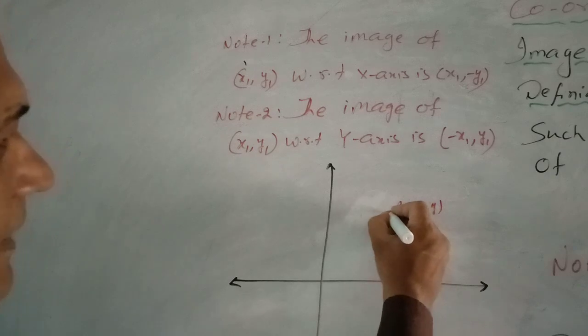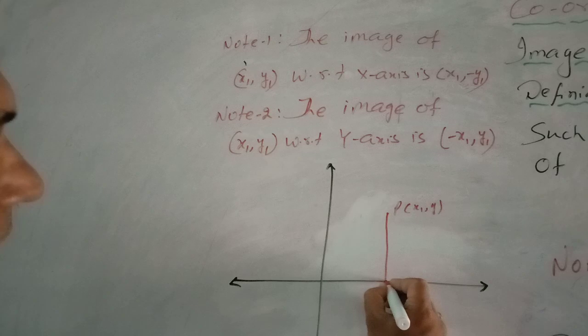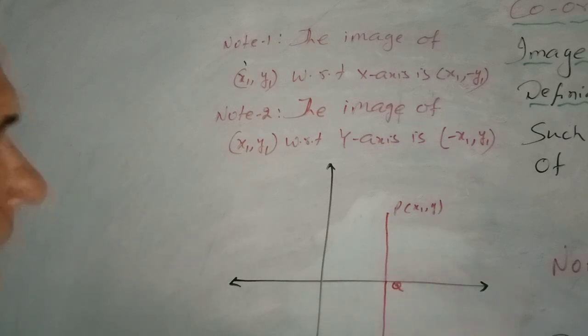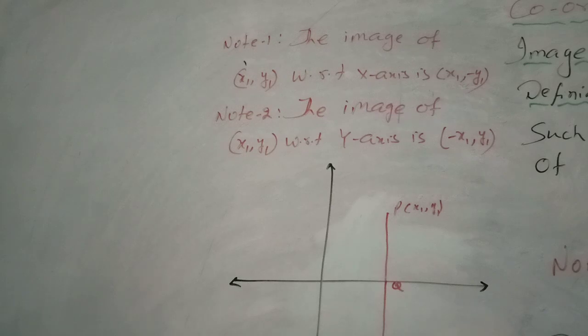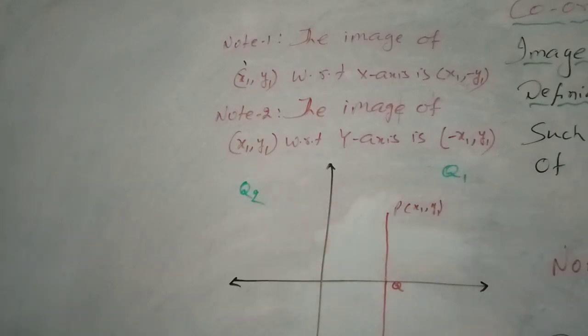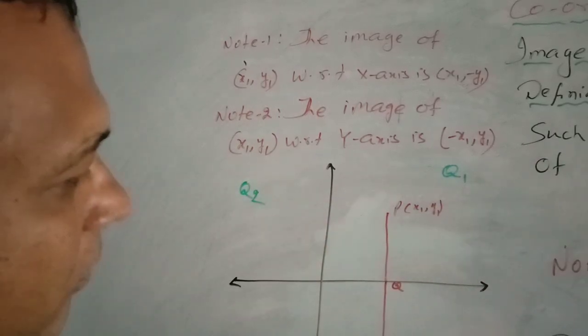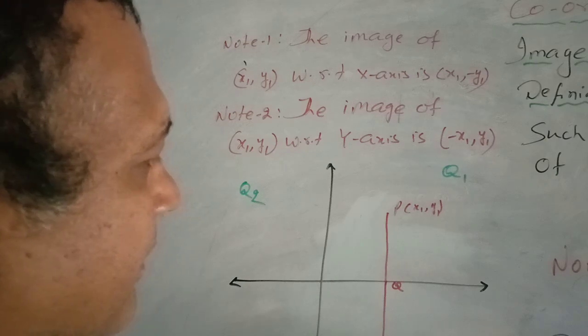With respect to the x-axis, I draw the point R, where PQ is equal to QR. From here to here the distance is x1 only. This is in the fourth quadrant, quadrant 4, where y1 becomes negative. So the image is x1 comma minus y1.